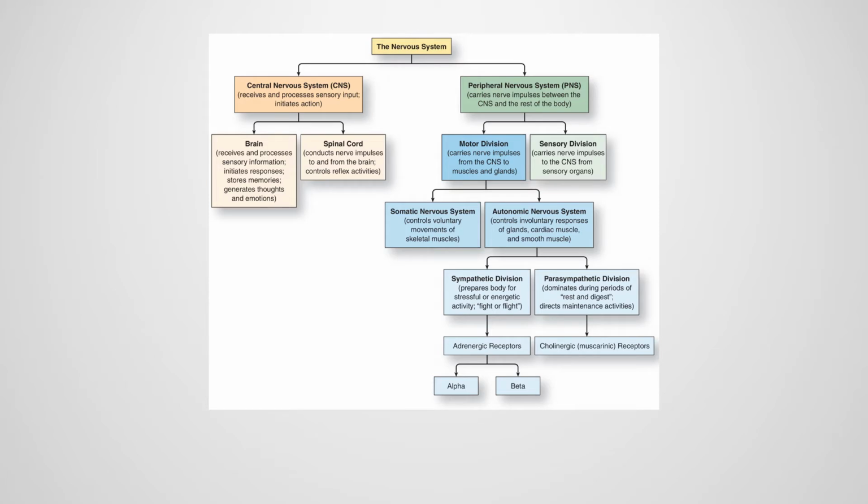Okay, and that makes sense because that whole system is doing it in the background, but it's a motor division. It's sending signals out to all these parts of the body without you having to get involved. And there will be feedback loops, but they're not really sensory nerves coming back. So that's why the autonomic nervous system is considered part of the motor division.